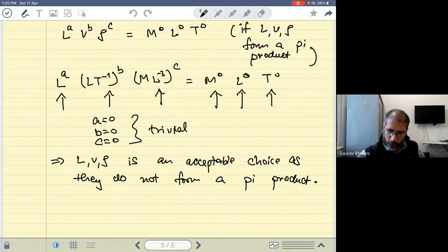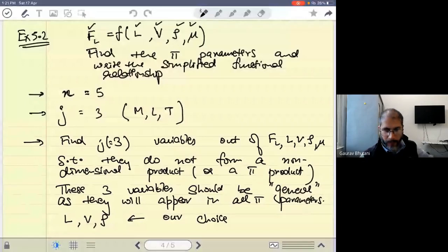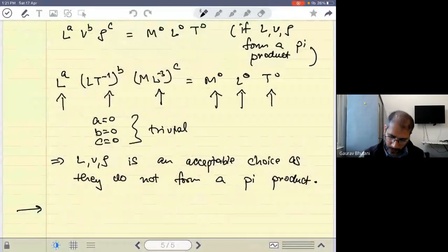Okay, so we have chosen three variables, L, V, and rho, because J was equal to 3 in this case. So let us move to the next step now. Now we have to find the pi parameters. In this case, we have n minus j pi parameters.